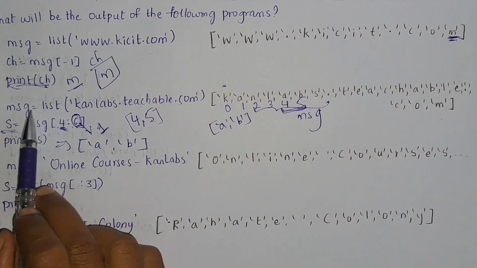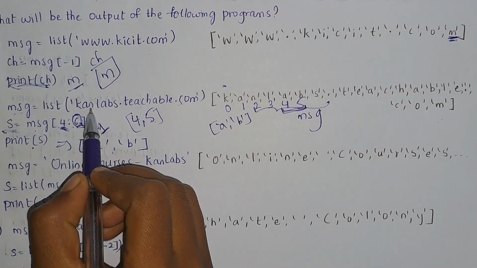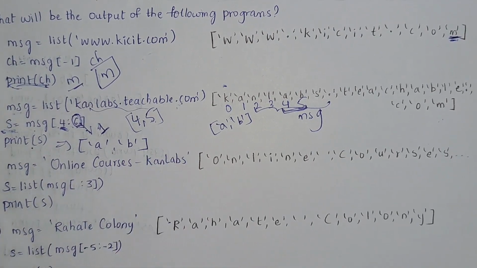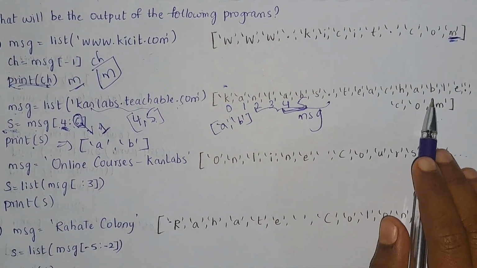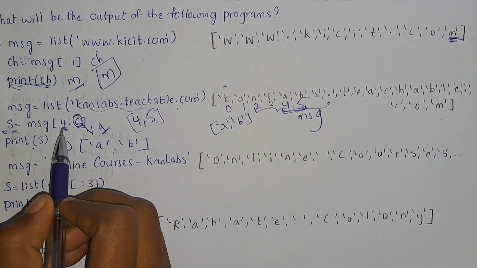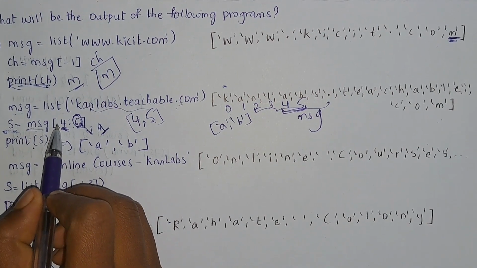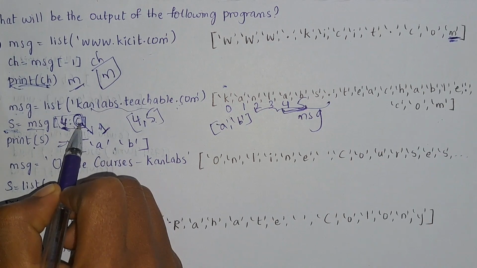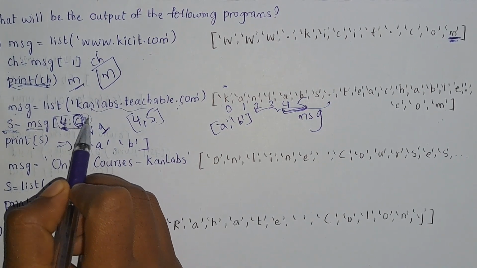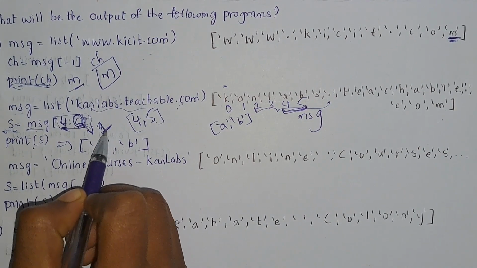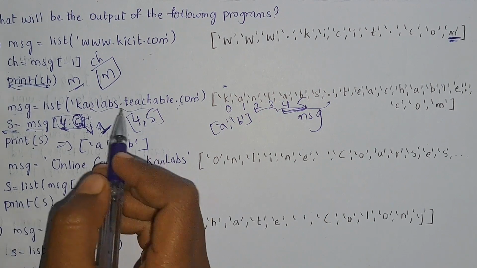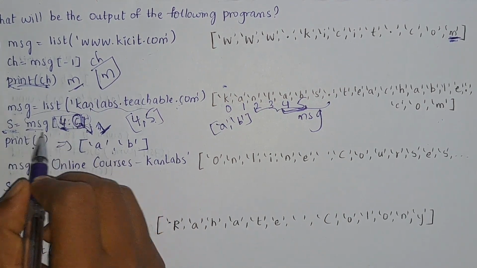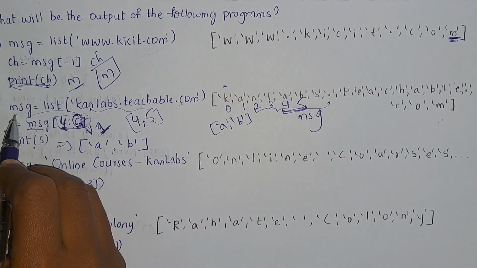So if you consider this message as a list with this given string, the list will be stored in this manner. So now here you have to store the message of the slicing, that is ranging from 4 to 6. If the step is not given, then by default the value will be 1. So now we are storing the elements of this given range into the s variable.